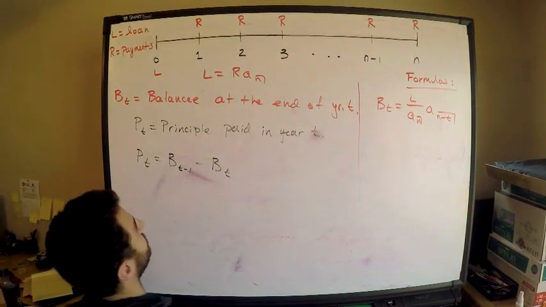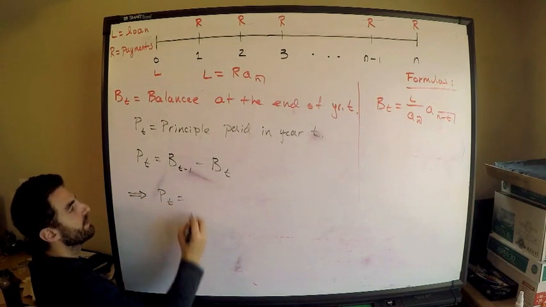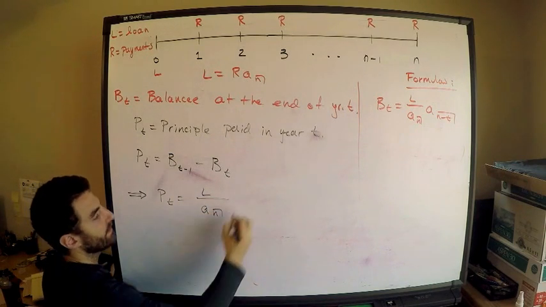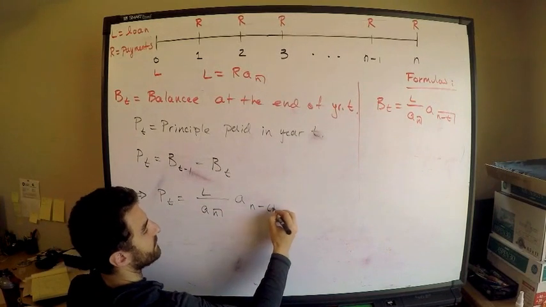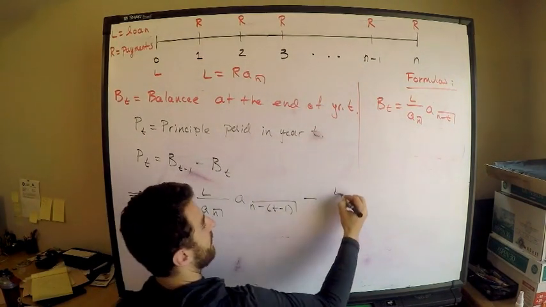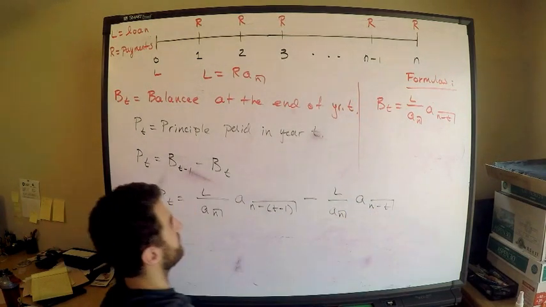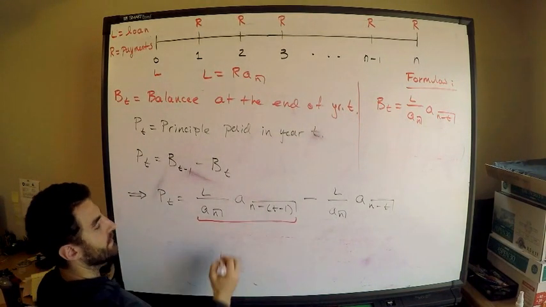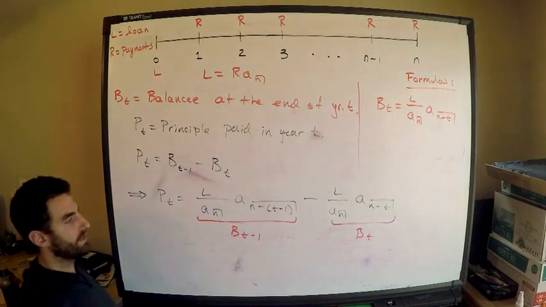This implies that the balance in year T, using my formula, is L divided by a angle N, replace T with T minus 1, so be careful of parentheses, minus, now we have L over a angle N, and we have a angle N minus T. I'm just using my formula over there, because this right here is B sub T minus 1, and this is the balance at year T. So using that formula, not too much going on.